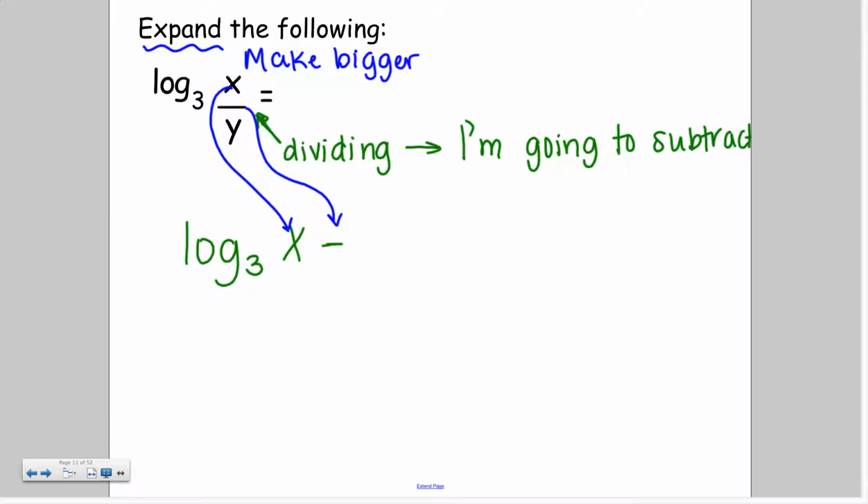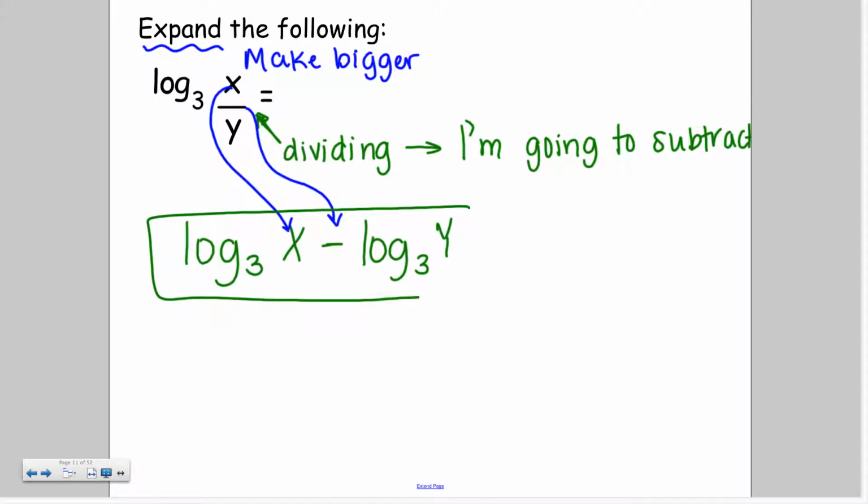And then I'm going to do the same log base again, so log base 3, and then my number on the bottom is y. Now, when I'm writing these, I want to make sure that the 3 is a subscript, so it's a smaller number there, just so that you know what you're looking at and it doesn't look like log 3x. That way you can tell that they're separate.